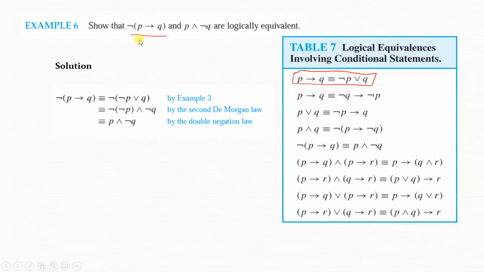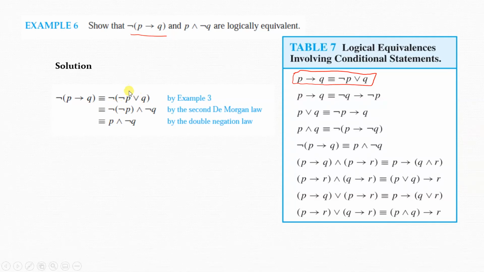Your target must be to convert into and/or operators. So first of all, get rid of this conditional statement. P implies Q, according to this table, is equivalent to negation P or Q. So first we'll consider this logical statement, negation of P implies Q. The negation is there, and P implies Q is replaced by negation P or Q, because P implies Q is equivalent to negation P or Q.